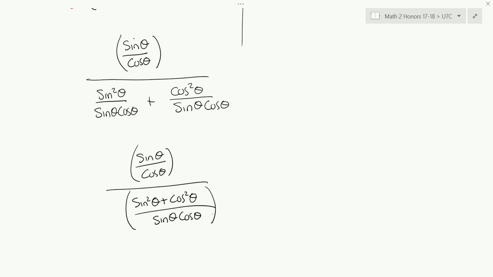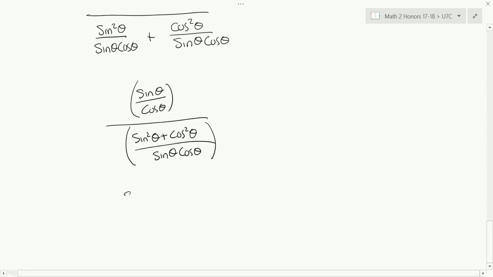Anybody see what can happen next? Okay, sine squared plus cosine squared is 1. Definitely want to replace that with a 1. Okay, and then we have a fraction divided by a fraction. So we're going to take the top fraction and multiply it by the reciprocal of the denominator.